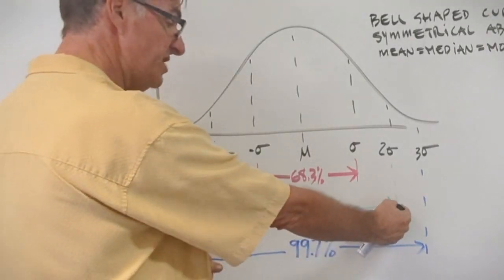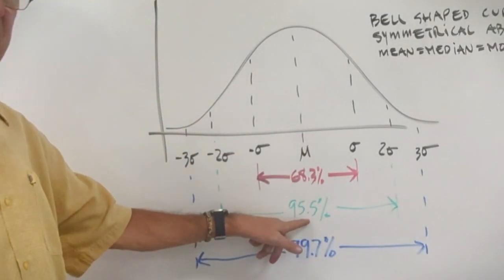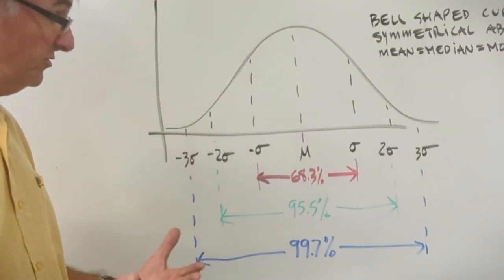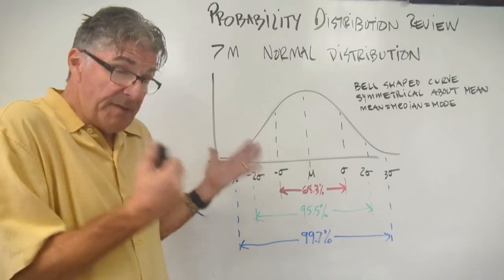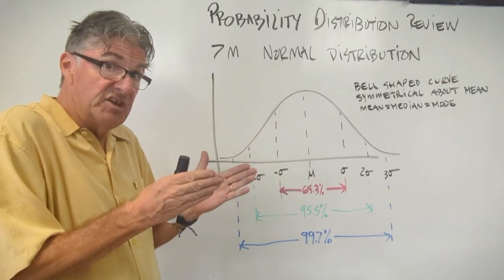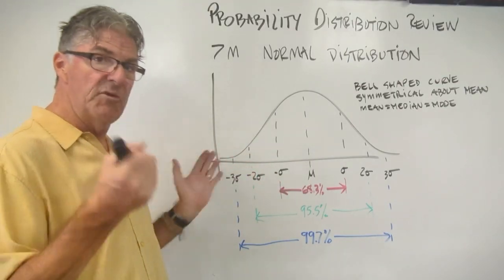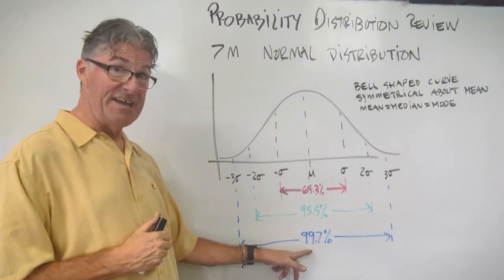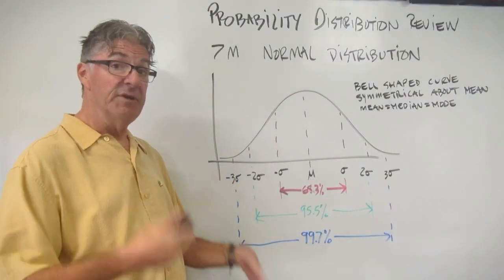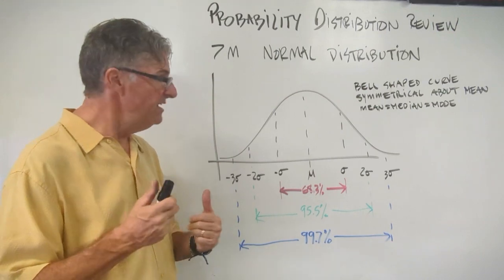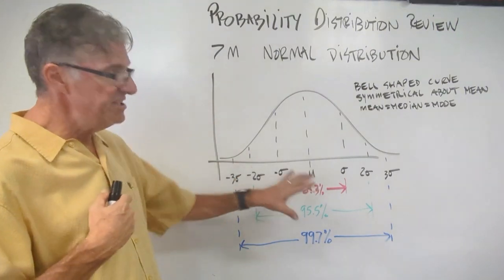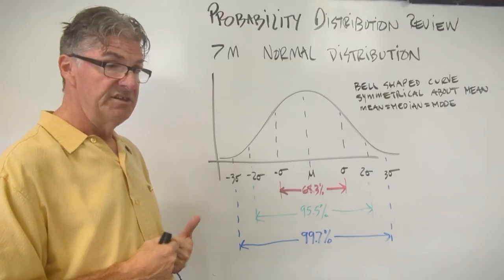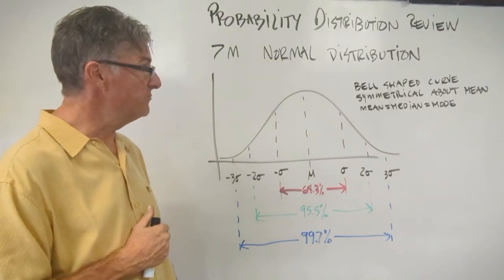Similarly, within two standard deviations, we bump that up to 95.5% of the data. So with a normal distribution, just about all the data is within two standard deviations of the mean. And that gets almost complete with three standard deviations, because then we're at 99.7%. And we had some problems, or maybe we'll do one in a minute, where you had to use this understanding to answer a probability question, sort of like a without a calculator type question.